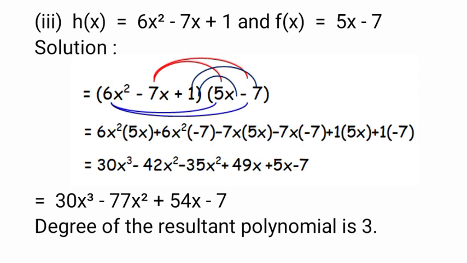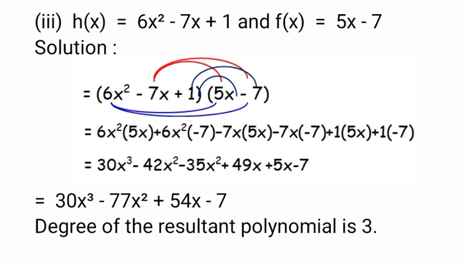Minus into minus plus 7 into 7 is 49 x. Plus 1 into 5 is 5x, minus 1 into 7 is minus 7. Simplify the polynomial. x cube term is only one term, therefore 30x cube. Minus x square term, we have 2 x square terms, first one minus 42x square, minus 35x square.